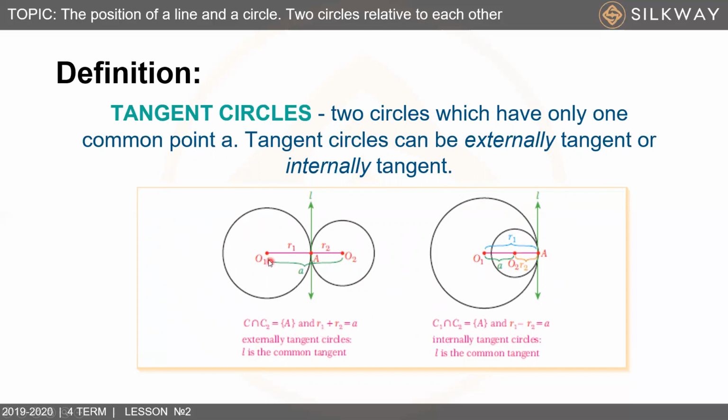Then the distance between centers is A. If R1 plus R2 is equal to A, then it's called externally tangent circles. If R1 minus R2 is equal to A, then it's called internally tangent circles.